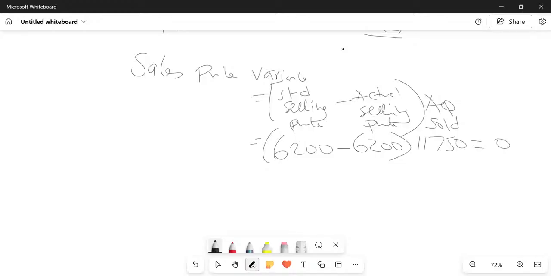After that, ladies and gentlemen, the next one will be what here? The sales volume variance. Do we have this sales volume variance formula?